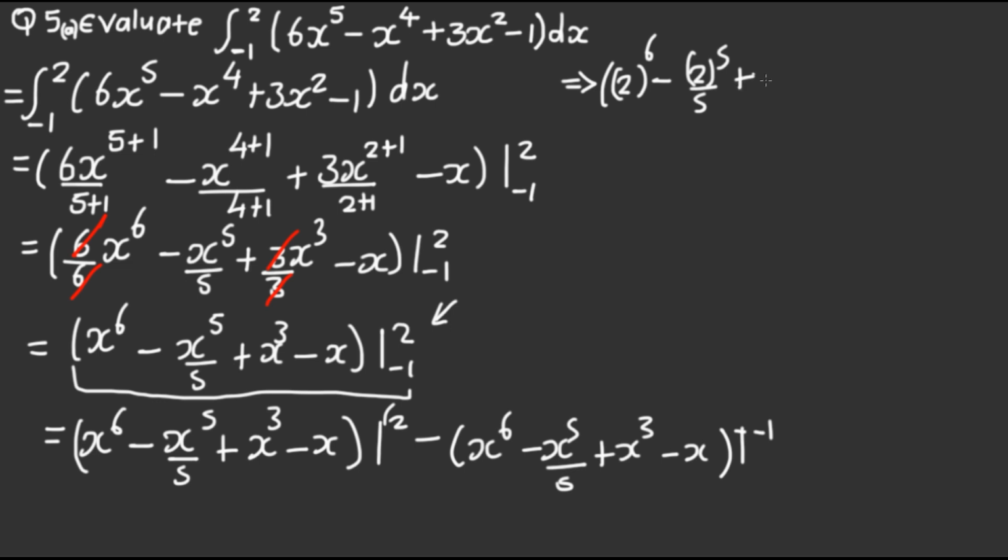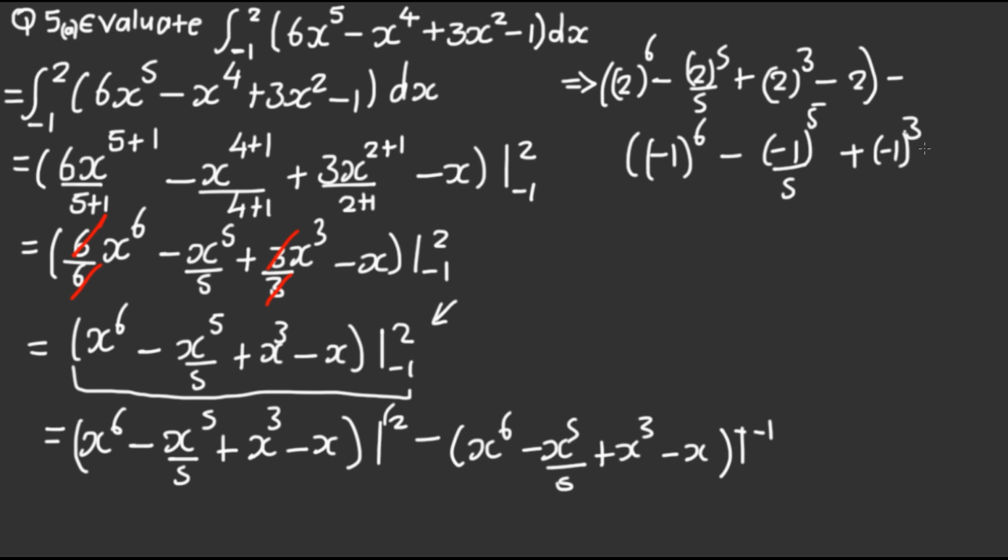Then plus 2 raised to the power 3 minus 2. Then this one will have -1 raised to the power 6 minus -1 raised to the power 5 over 5 plus -1 raised to the power 3 minus 1.